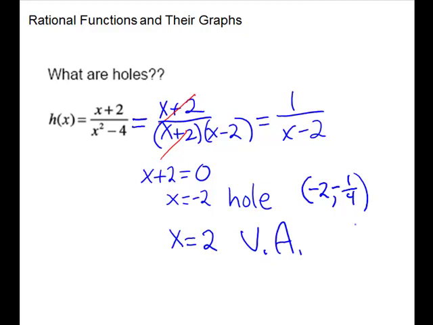So if you graphed this first piece, right, you would get a hole at this spot. It would be an open circle in the graph at negative 2, because negative 2 is an excluded value. If you did this one, which is what you get after it's reduced, you would not get a hole.